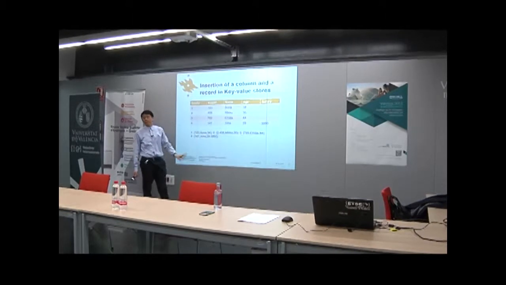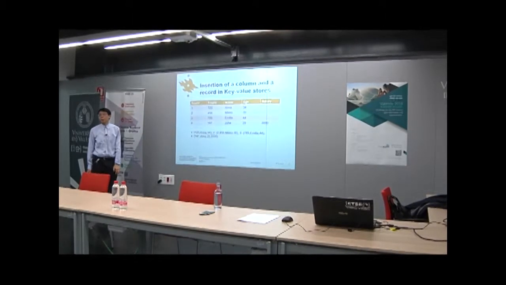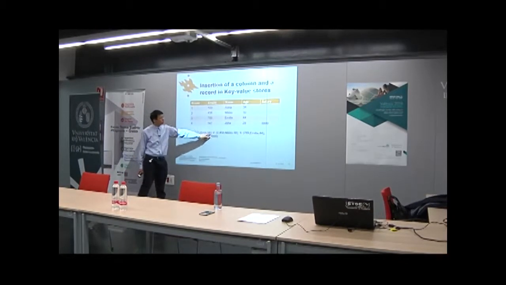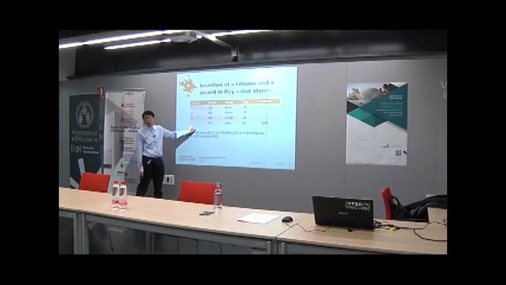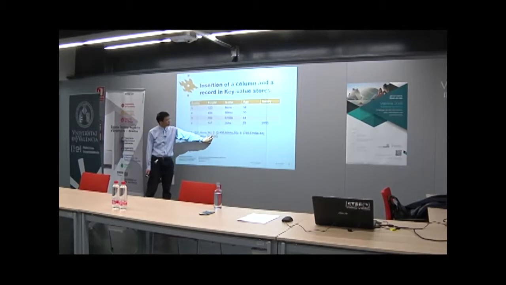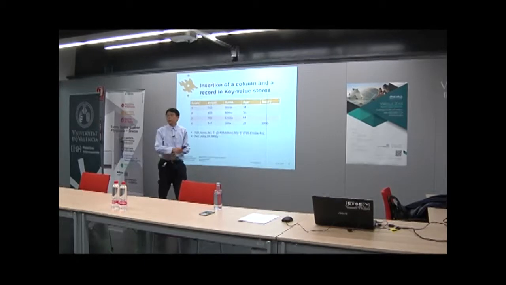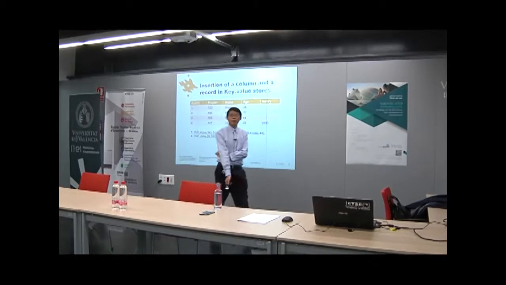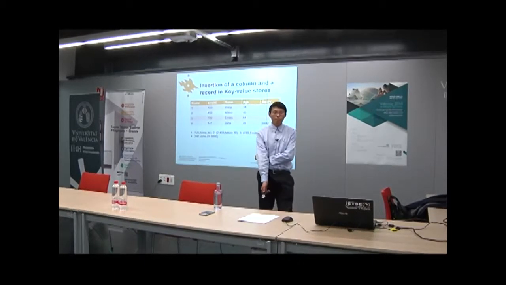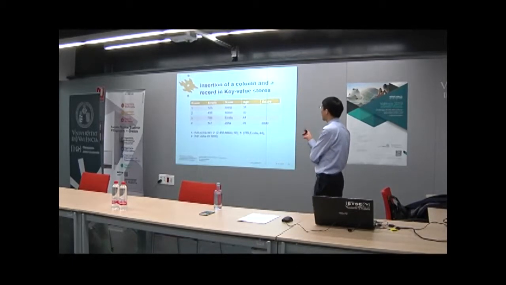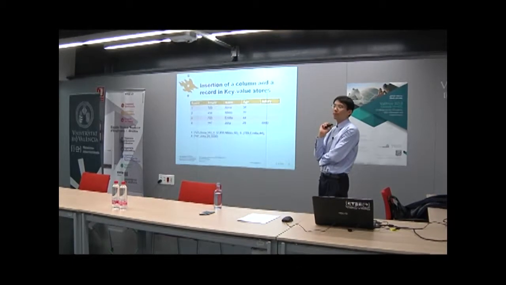When we use the key value storage, this can be implemented very efficiently. We can only modify the record for key 4, and add 30,000 as its salary data. So this example shows that for the key value storage, we can very efficiently insert one column of information.